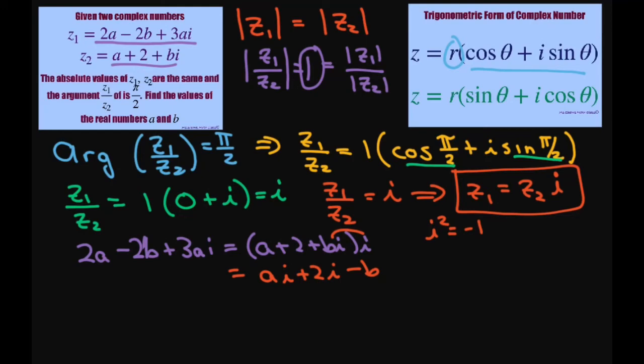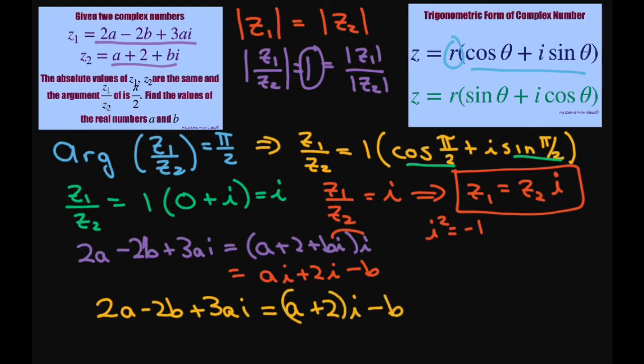Therefore we have 2a minus 2b plus 3ai equals, I'm going to factor out an i, (a plus 2)i minus b. Now I'm going to put these two together, and these two together. These are my complex numbers here.